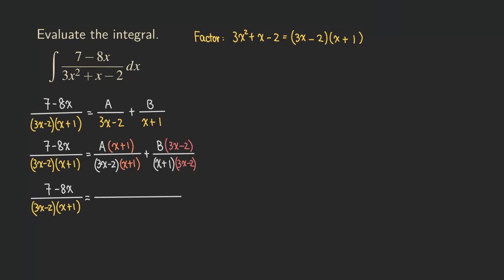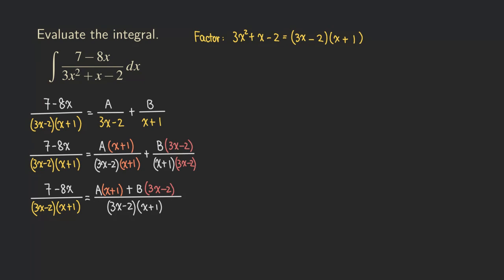The denominator is going to be 3x minus 2, x plus 1. Okay, what about the top? The top is going to be a times x plus 1, and then plus b times 3x minus 2.